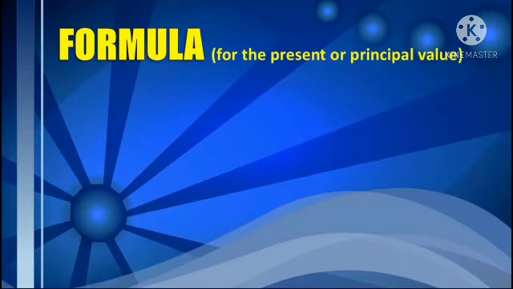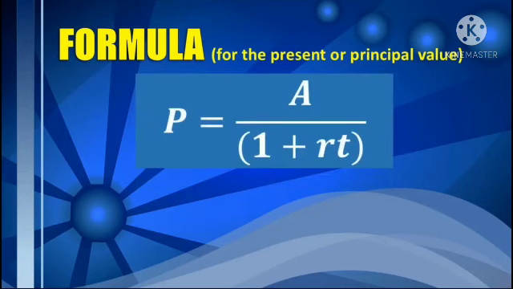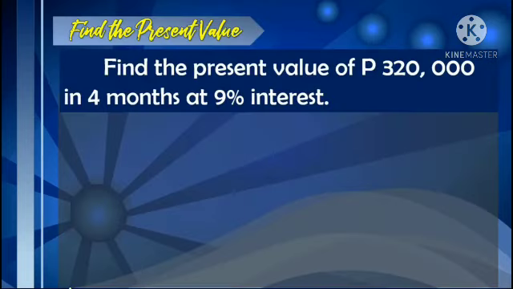Okay, next formula is for the present or principal value. It is given by P is equal to A over 1 plus R times T. This formula was derived from the maturity or future value. So for example, find the present value of 320,000 in 4 months at 9% interest.